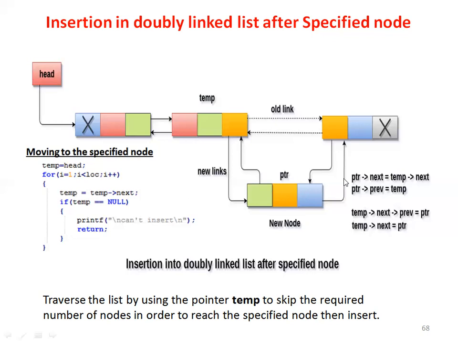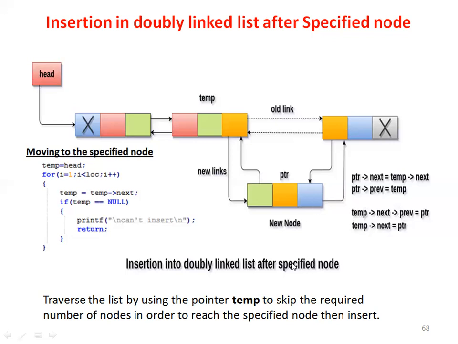First of all, we have to create this new node, and after creating it, we have to assign the data value in the data field here. The other two fields of this new node, the next field and the previous field, need to be updated. So this node should point to this node, and this node should also point to this node. How will this node point to this node?